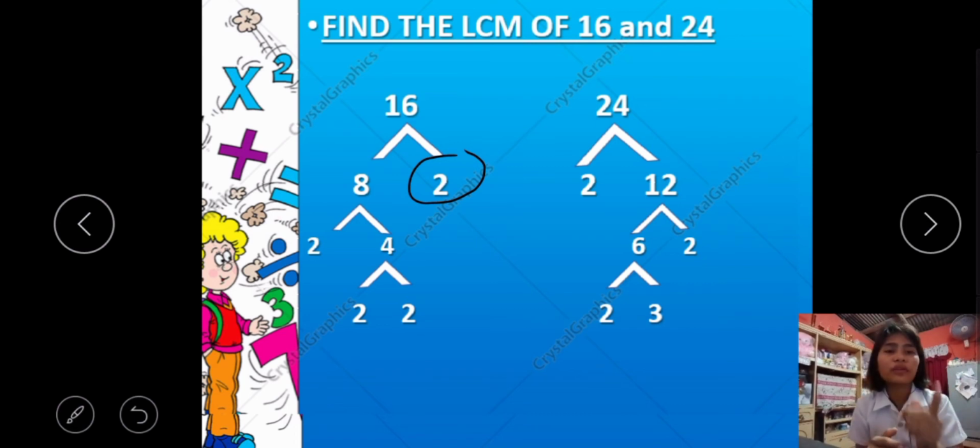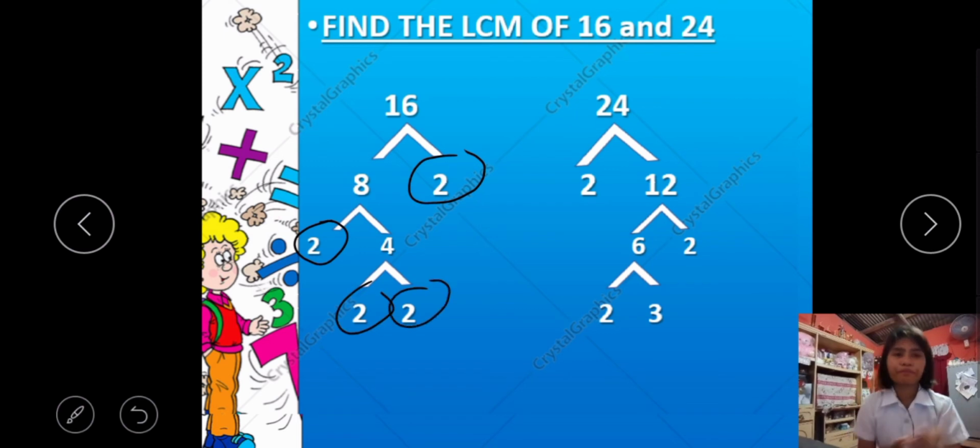Let's factor again the number 8. In factoring 8, we have 4 times 2. Again, 2 is a prime number, and again, we will factor the number 4, which is 2 times 2. So in here, we have four 2's.